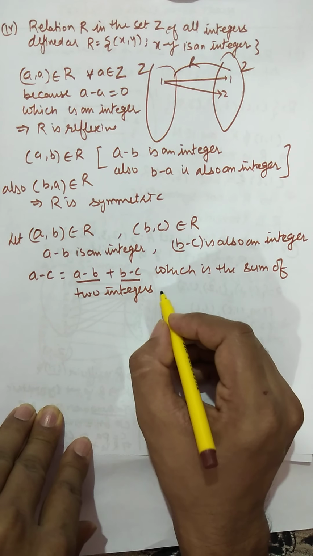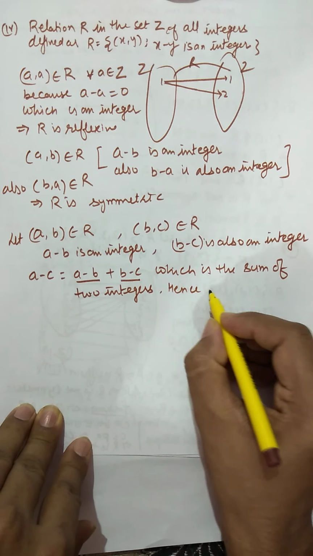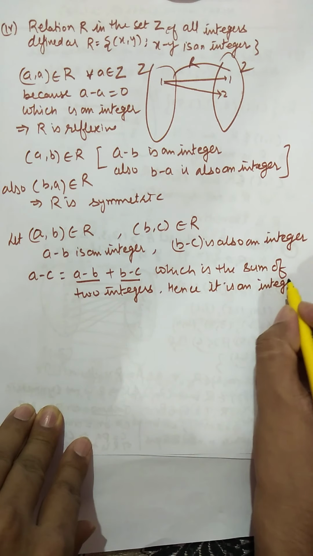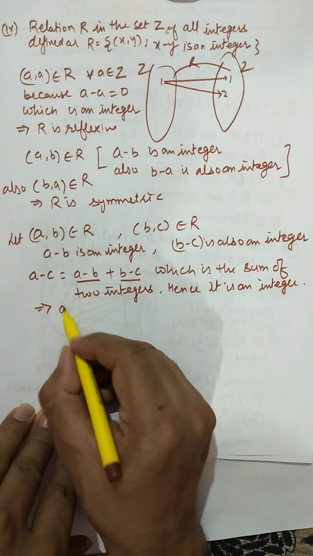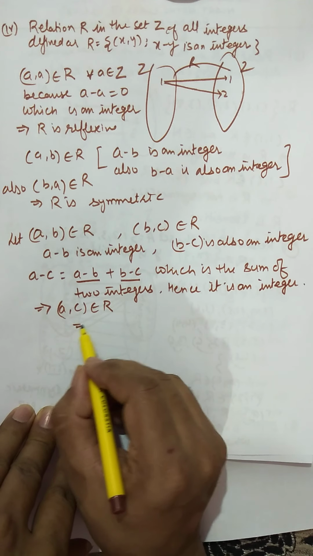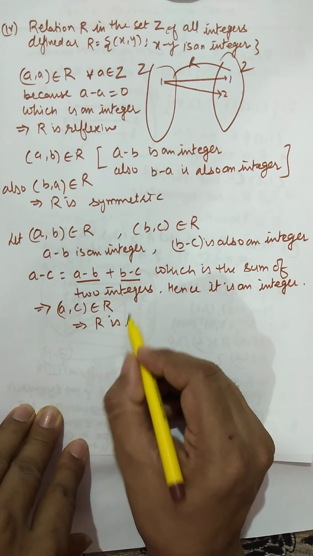Hence it is an integer. It implies that (A, C) belongs to R, and it also implies that R is transitive.